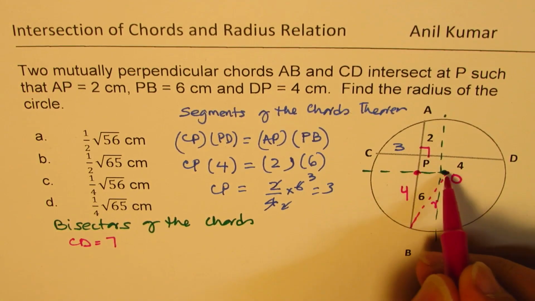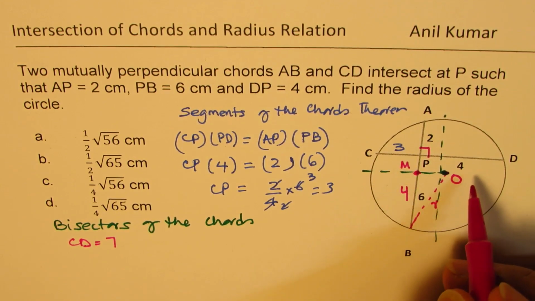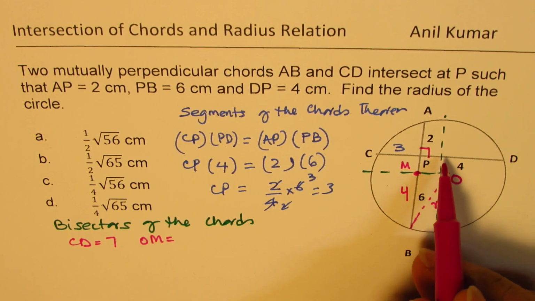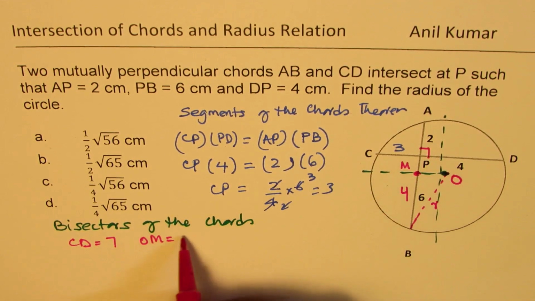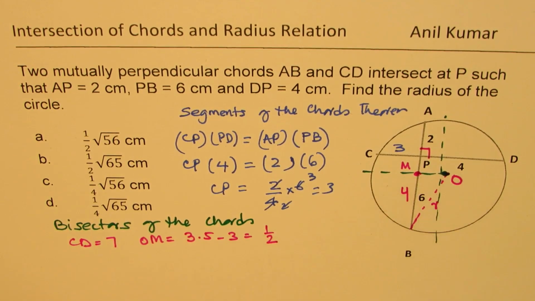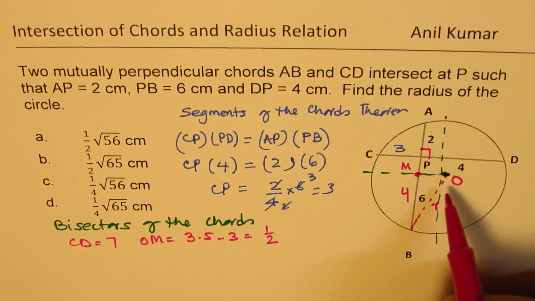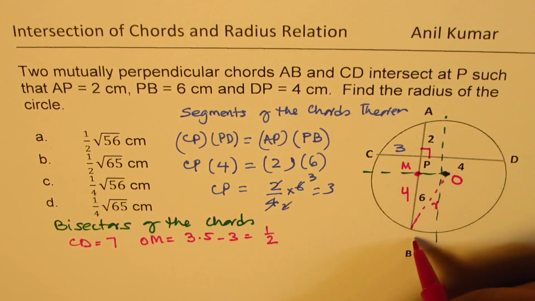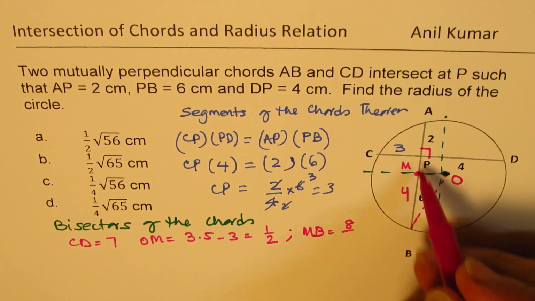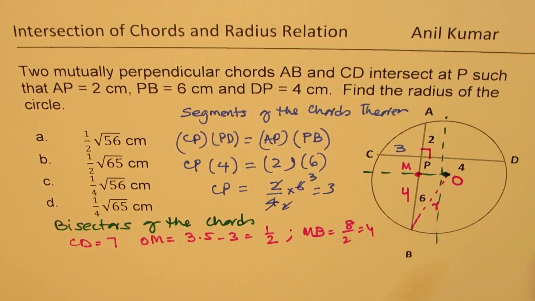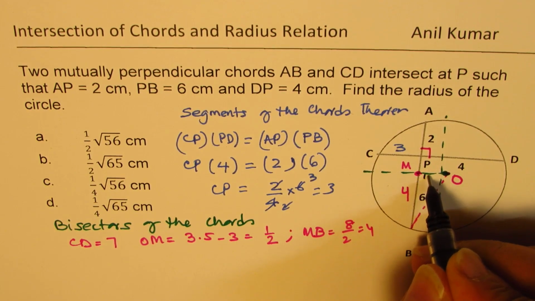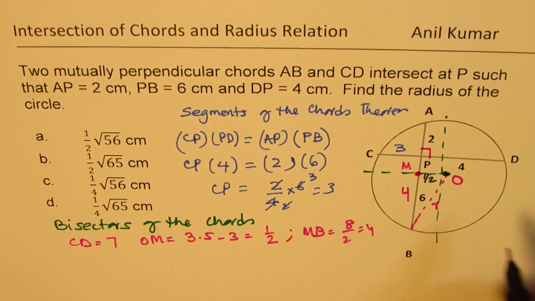So let's call this point M as the midpoint. So O to M will be equal to, half of 7 is 3.5, right? So it is 3.5 minus 3, or let's say half, correct? And we get this point M to B as half of 8, 6 plus 2, which is 4, correct? So from here we get O to M as 0.5 or half, and now we can find what R is.